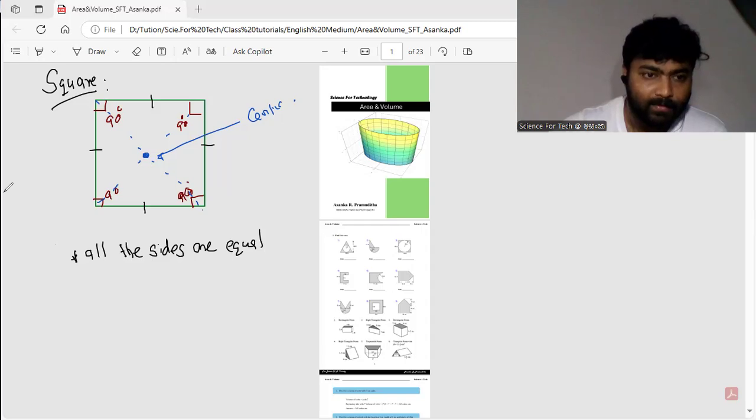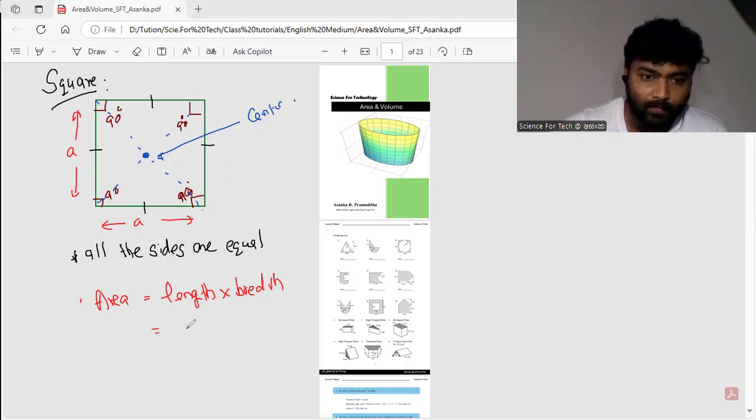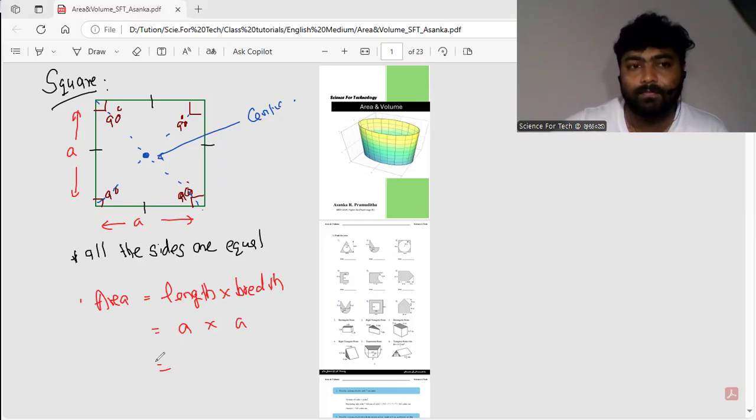Then let's think one side is equal to A. Then you can find the area equal to length into breadth. That means A into A. So what is the answer of A into A? A squared. It is not 2A, okay? It is A squared.